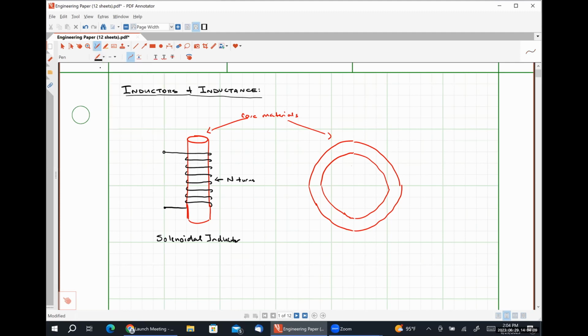And I'm going to attempt to draw a coil around the shape as well. Like so. This is an example of a toroidal inductor.